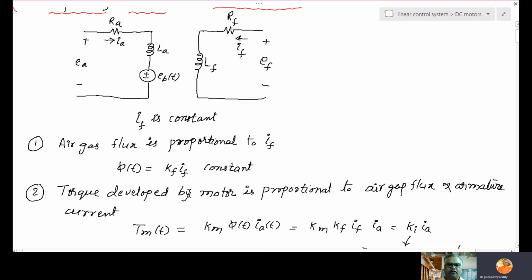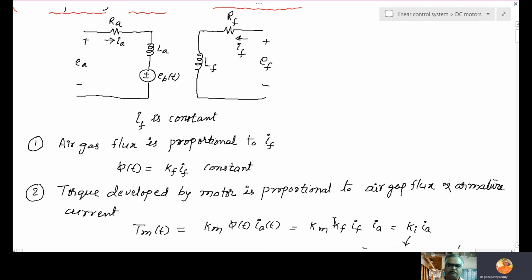Second, torque developed by the motor is proportional to air gap flux and armature current. So Tm of t is equal to Km, then phi of t is the flux, times armature current Ia of t. But phi of t is Kf If.